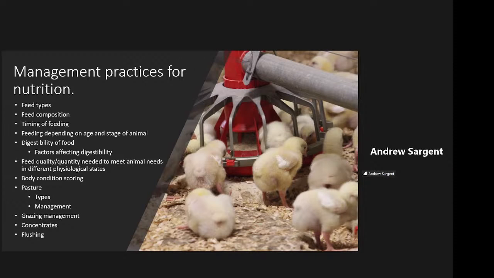Cool. Okay, so moving into nutrition, once again, there's a whole heap of things here you could do in terms of management practices. I've listed a whole lot up there. Some of them will be repetitive from the previous, such as flushing. That is okay. You use it wherever it's appropriate to answer the question. So this one, you can look at types, as I said, composition, or when you're feeding them, how digestible that feed is, body condition scoring, looking at pasture in particular.